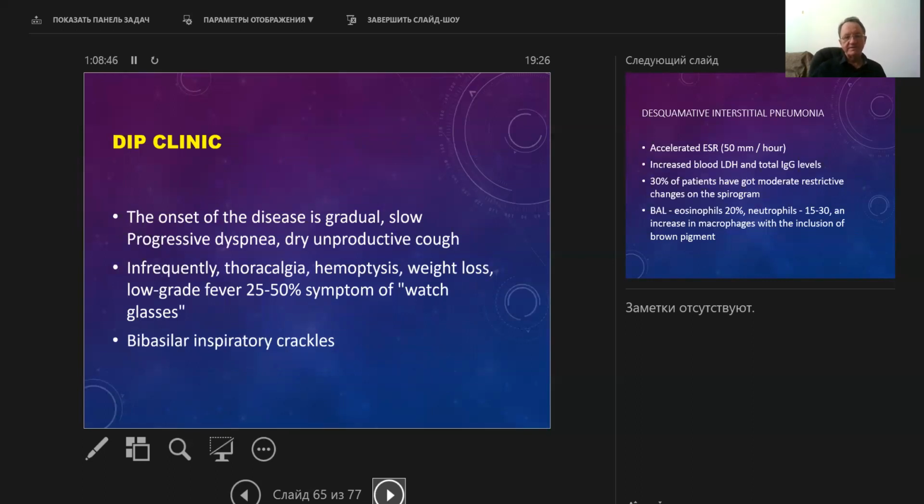The onset of the disease is gradual: slow, progressive dyspnea, dry or productive cough, infrequently thoracalgia, hemoptysis, weight loss, low-grade fever. In 25 to 50% there are symptoms of watch glass nails, and basilar inspiratory crackles.